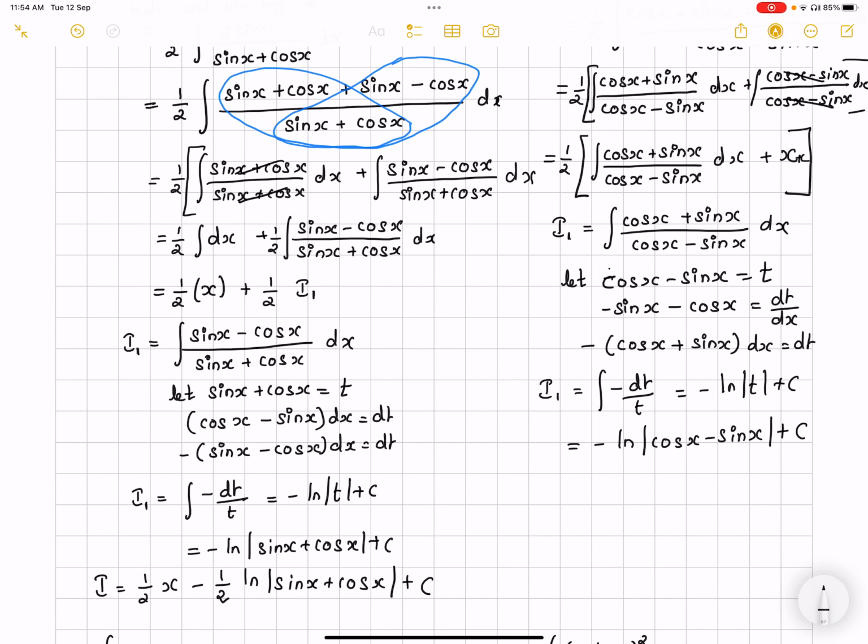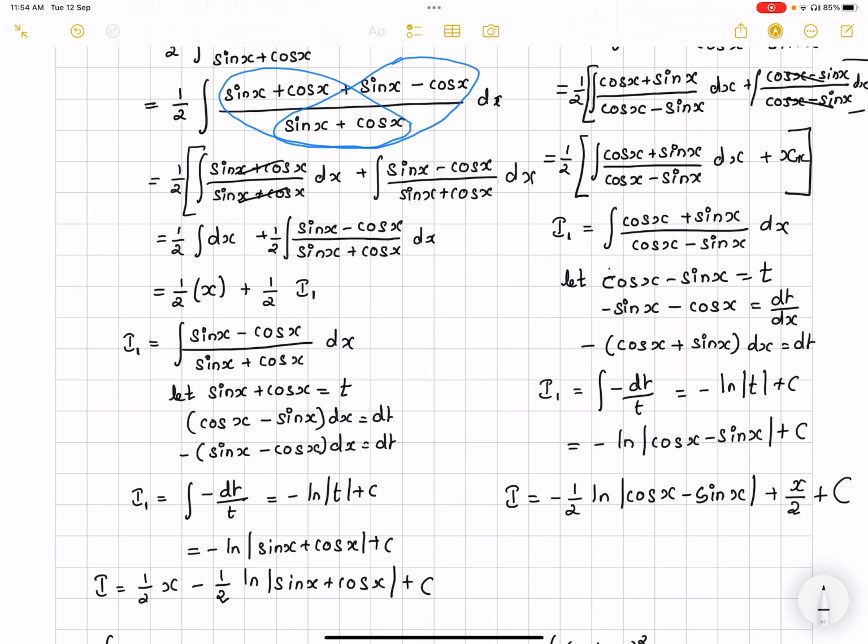I would be having the final answer as I is equal to minus half of ln of cos x minus sin x, and then plus x by 2 plus totally one c. That's it. Problem got over.